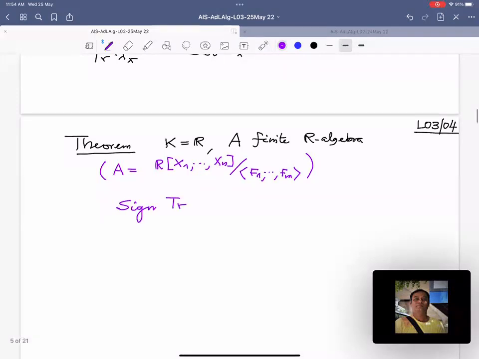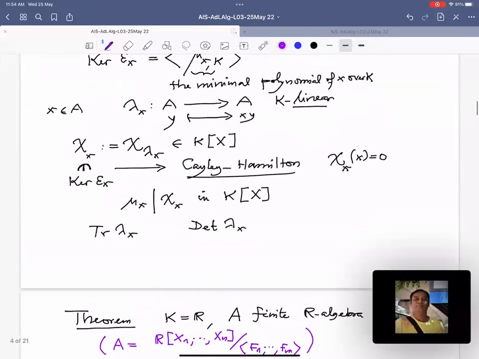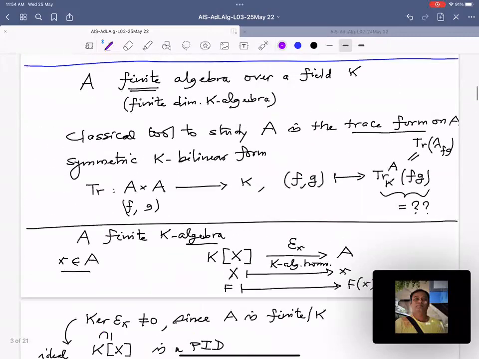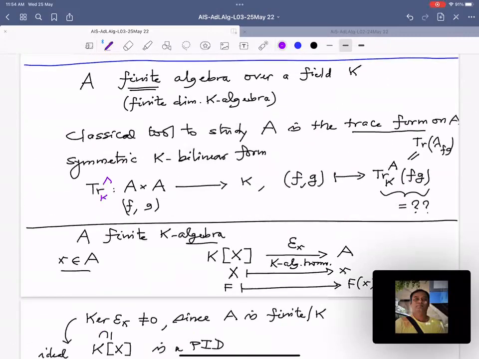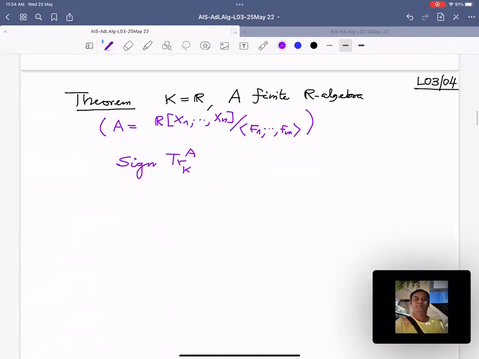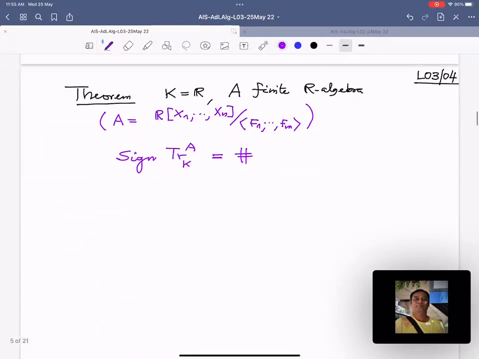This is the trace form of K over A. This is what I have defined here. So signature makes sense. And that is equal to the cardinality of the K spectrum. Now I will explain to you what is the K spectrum.